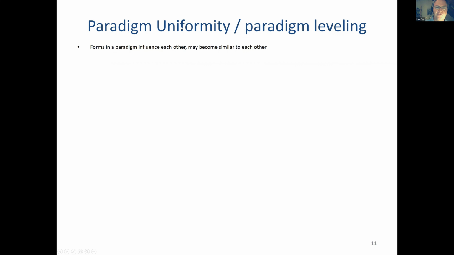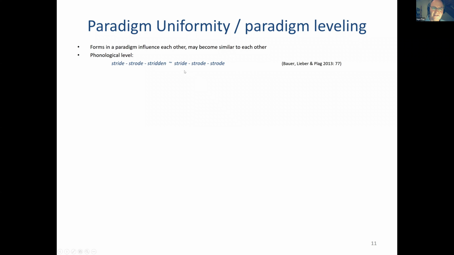And paradigm uniformity as a term is very popular in OT circles, where people try to explain the effects synchronically. And most of the talk in paradigm leveling or paradigm uniformity is at the phonological level.